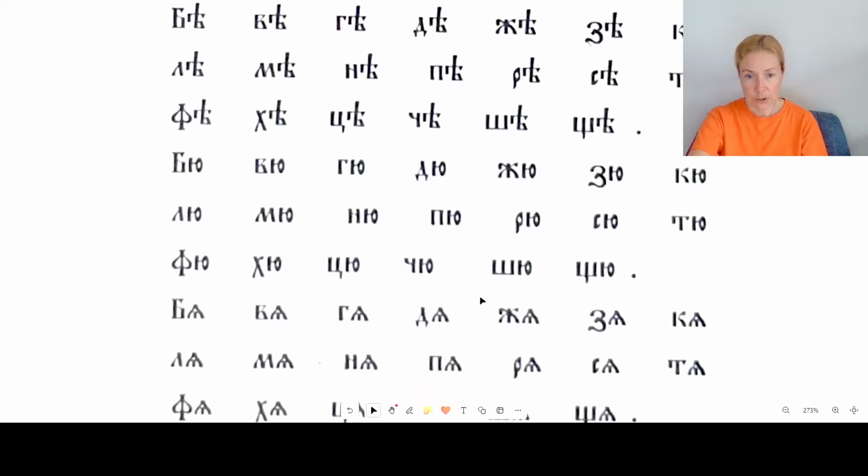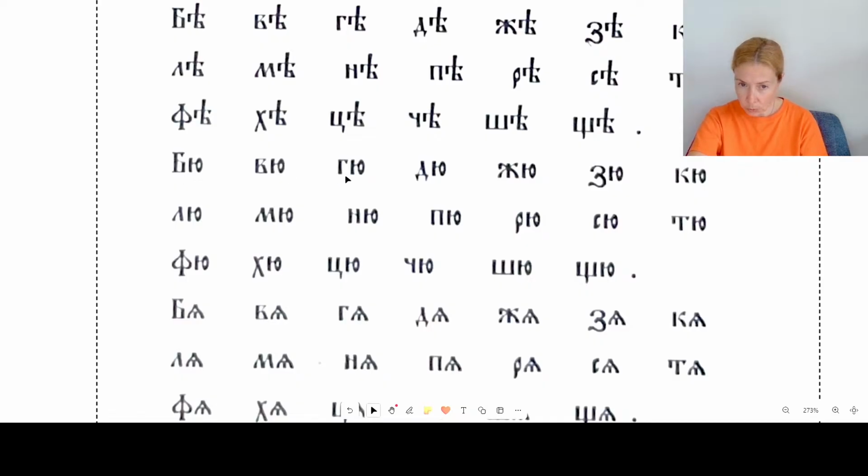Let's go. Бю, вю, гю, дю, жу, зю, кю, лю, мю, ню, пю, рю, сю, тю, фю, хю, тю, чу, щу, щу.